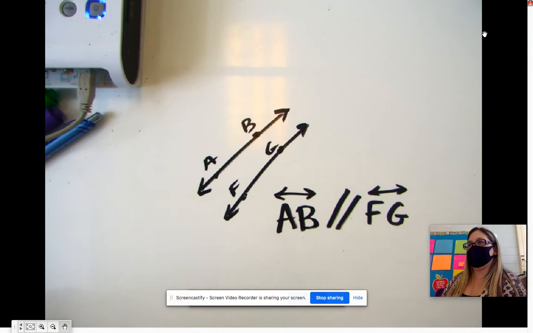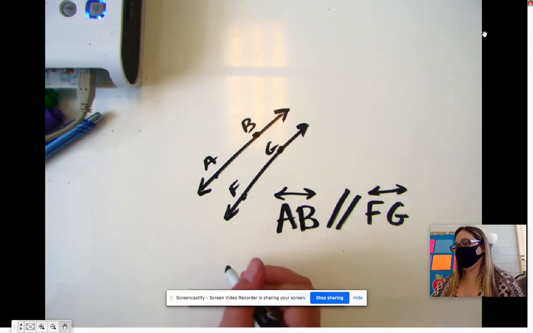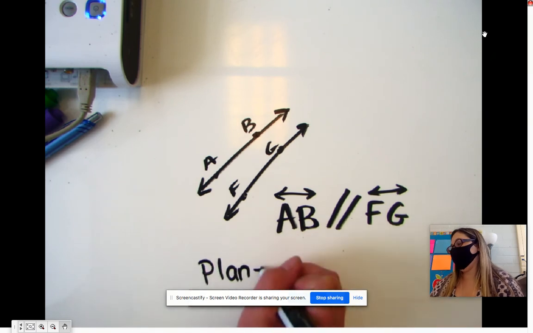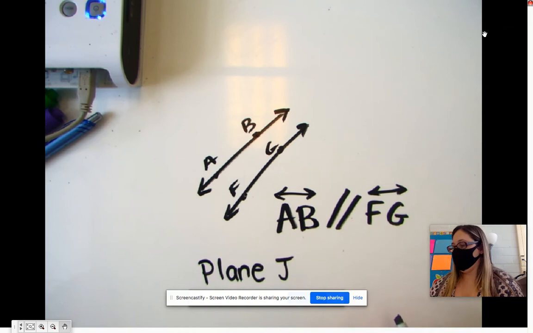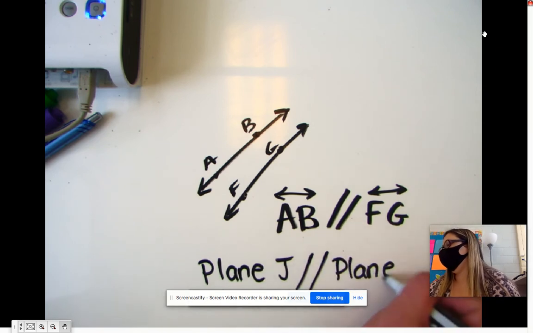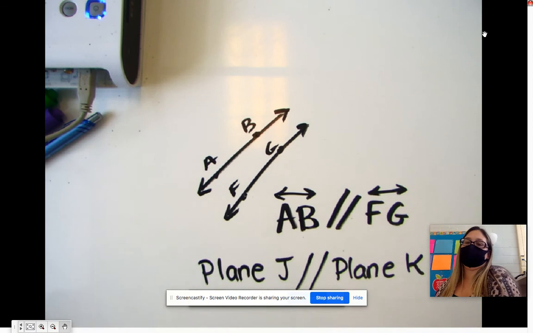Is that correct? I think it's J and K. The way we would write it would be plane J is parallel to plane K. We don't have a special symbol for the word plane. Okay? So this is how you would write it.